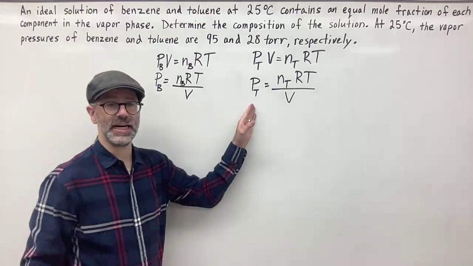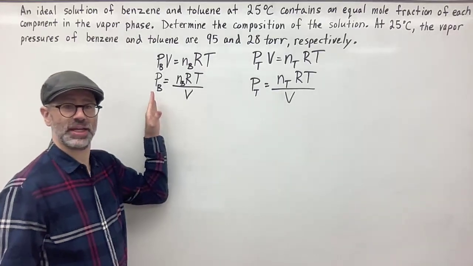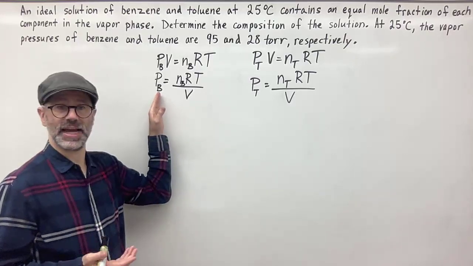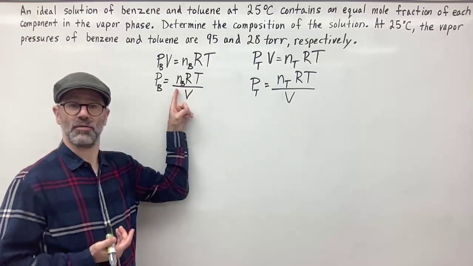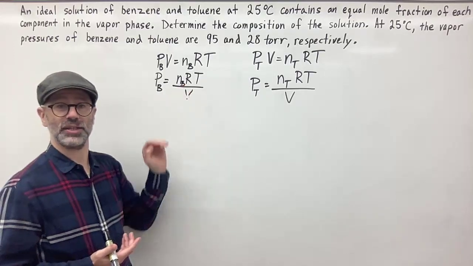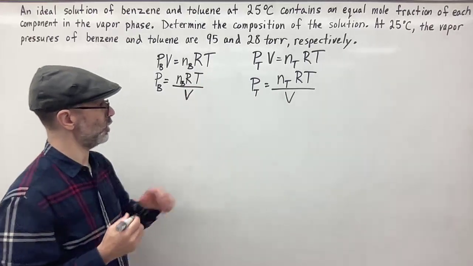And so you can see here for both of the gases, there is a direct relationship between the pressure of the gas, in this case the vapor pressure of benzene, and the number of moles of benzene. So there's a direct relationship between moles and pressure.